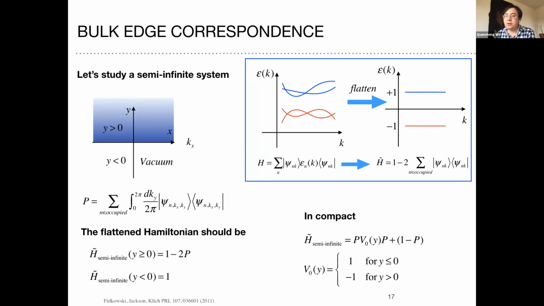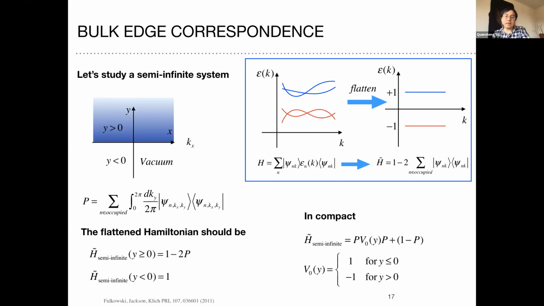In the strongest limit, we make the energy of all the unoccupied bands +1, and all the occupied bands -1.